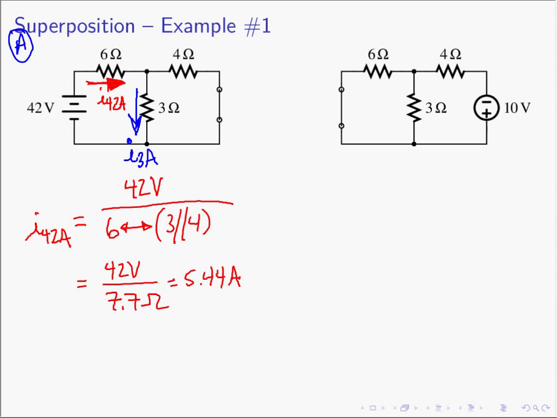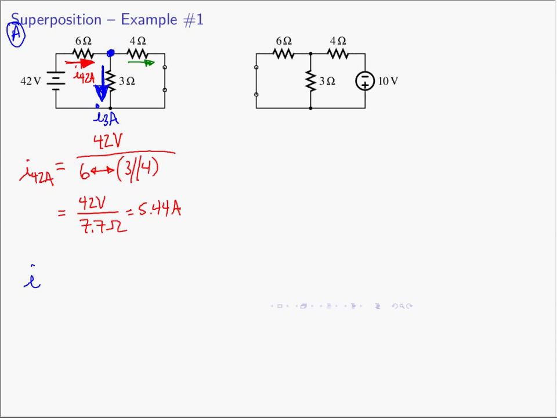But when the I42A current gets to this node, we have current division. Some of the current goes this way, and some of the current goes that way. We are interested in finding I3A. I want to know how much current goes down through the 3 ohm resistor. So I3A is going to be current division. What is current division?